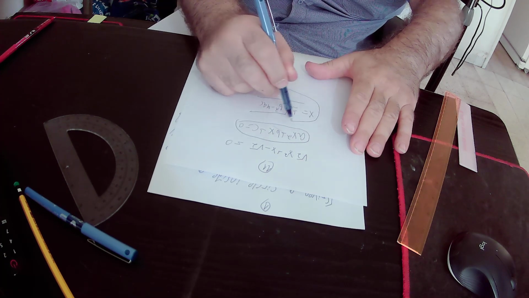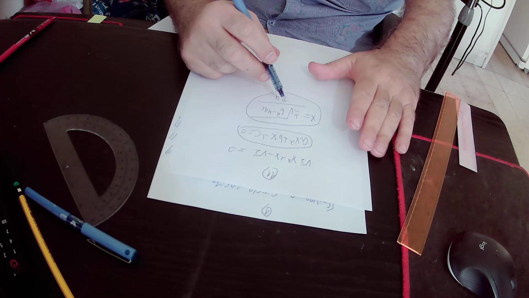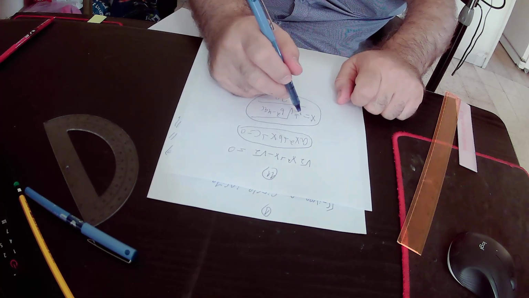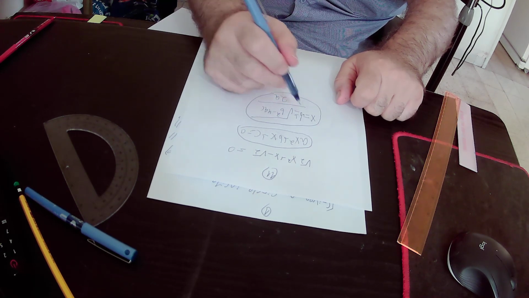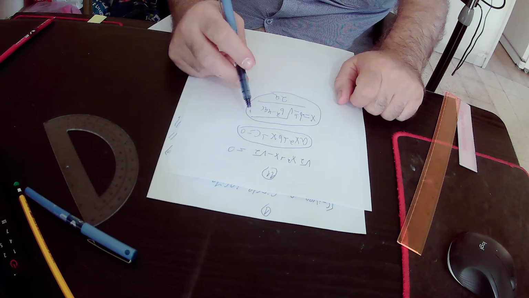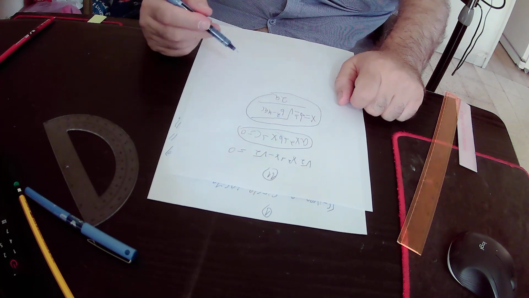So we'll use this formula in order to find out the value of x. Here in this formula for x, a, b, and c are the coefficients of the quadratic equation. The x is the variable that we want to find out.